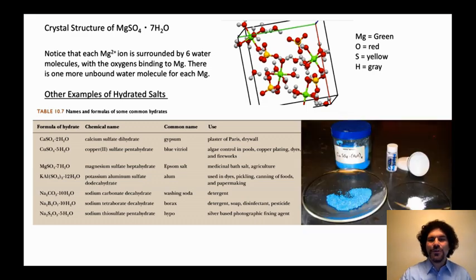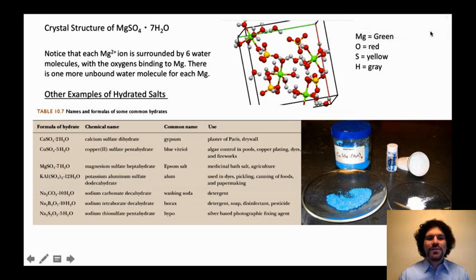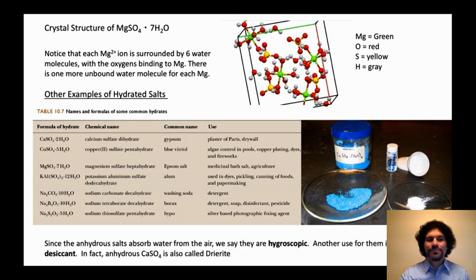And this is a really cool one if we look at a picture of it, because when the waters are bound, the pentahydrate is actually a beautiful blue color, whereas anhydrous copper sulfate is just white. A couple of other examples involve aluminum, sodium carbonate, washing soda, also borax, that's another example.